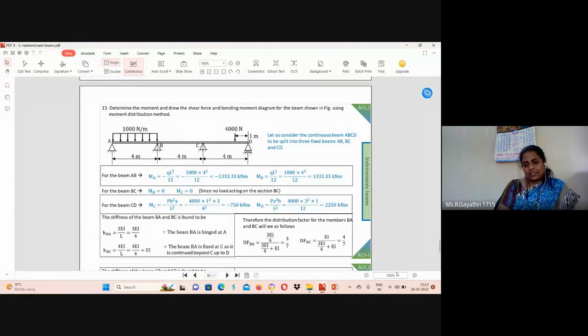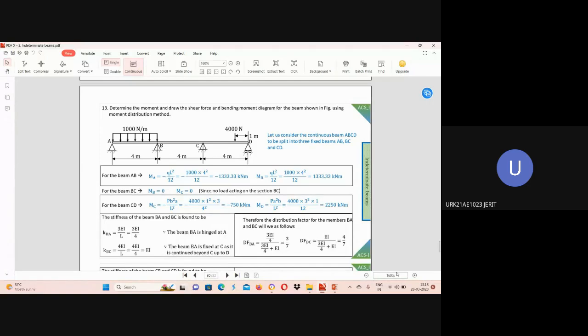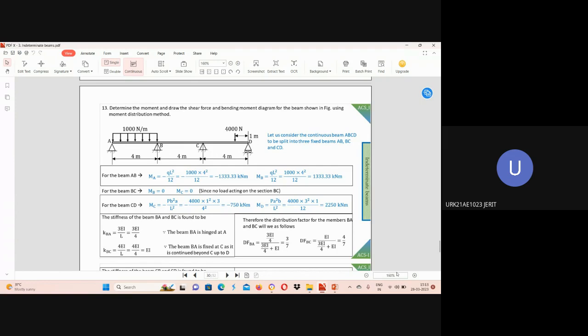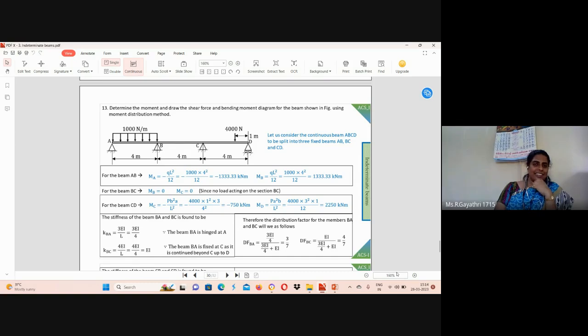Three moment equation: MA LAB plus 2MB (LAB plus LBC) plus MC LBC, not LAC, ma'am, equal to the right side.